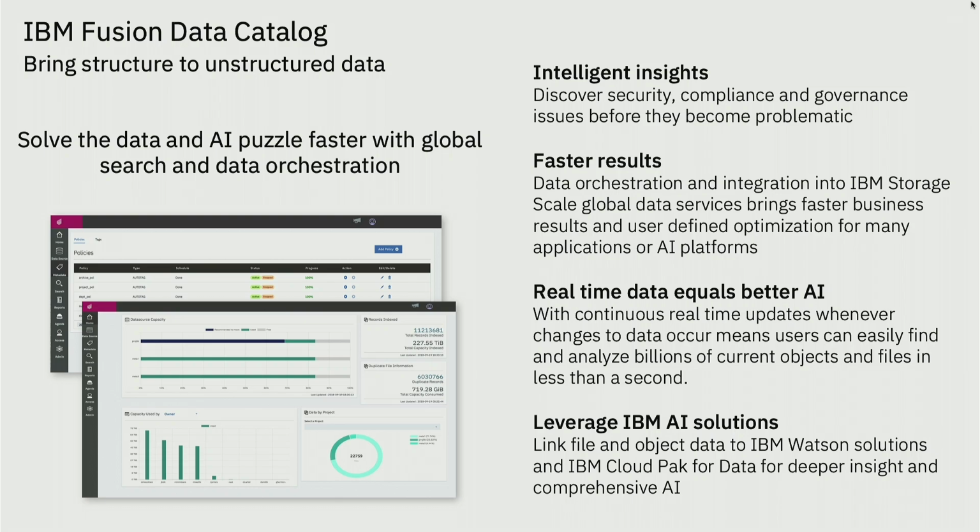That data could be on an NFS mount, in an object store, or in a Scale cluster. We're going to add support for CephFS, a Ceph file system. It's coming in 2.9, which is at the end of this year. So you gain better control about how you manage the data and what you want to do with it.